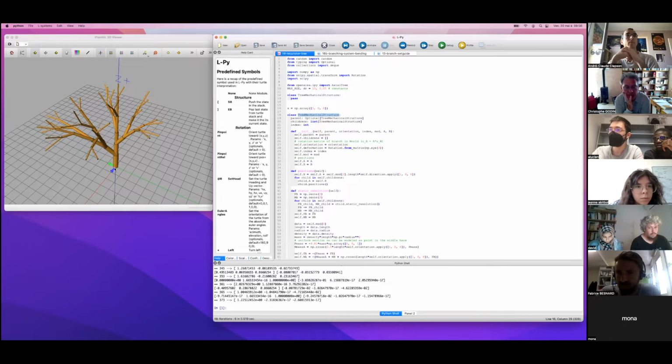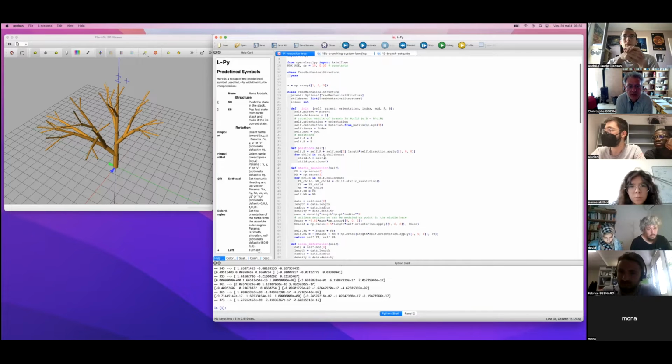Point A is at the bottom and point B is at the top, and each branch or internode has a parent node, which is the root, and children. So we can just work recursively through the tree for static resolution and deformation.